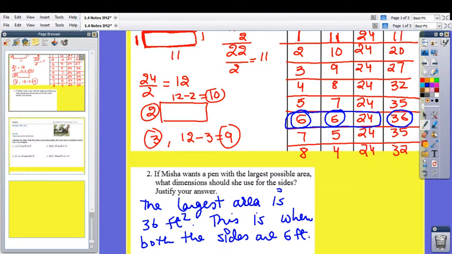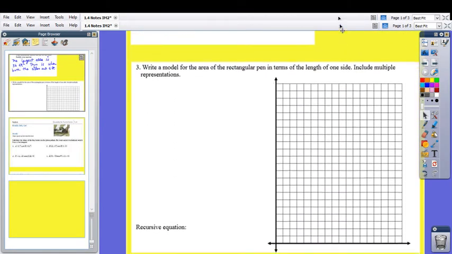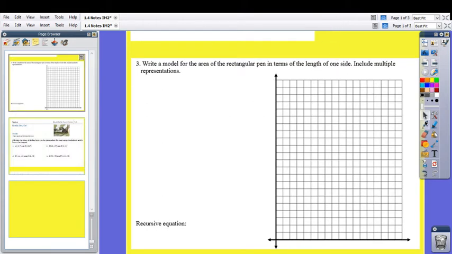Now let's go to the next page, and it is asking there to write a model for the area of the rectangle, in terms of the length of one side. So area is our function.